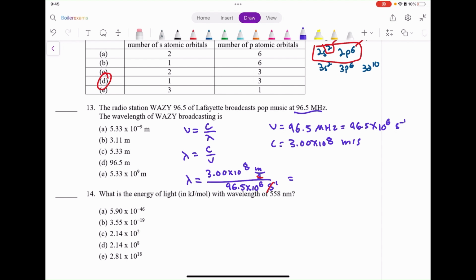Okay, let's do the speed of light divided by my frequency. I get 3.11 meters. 13B.